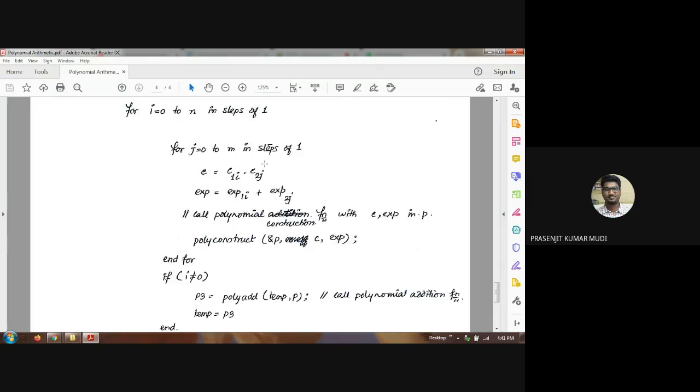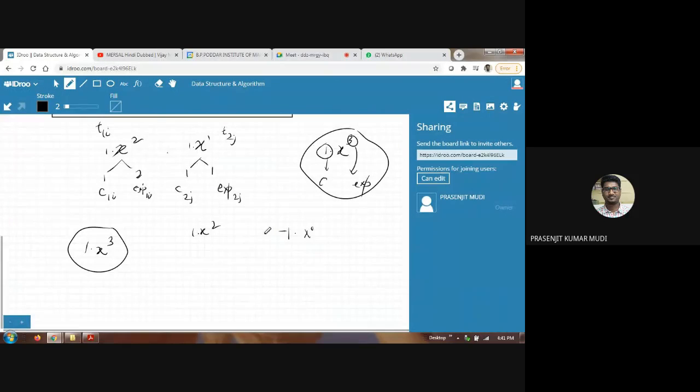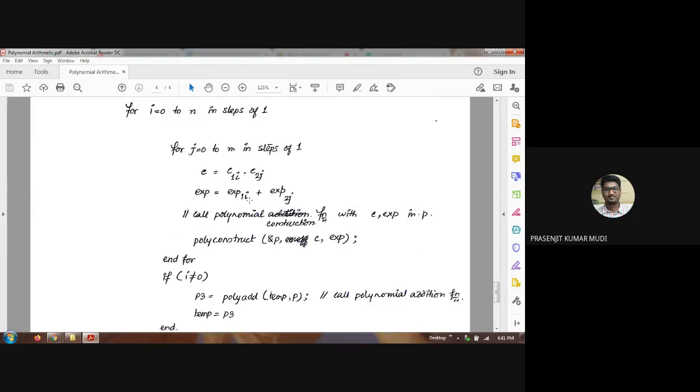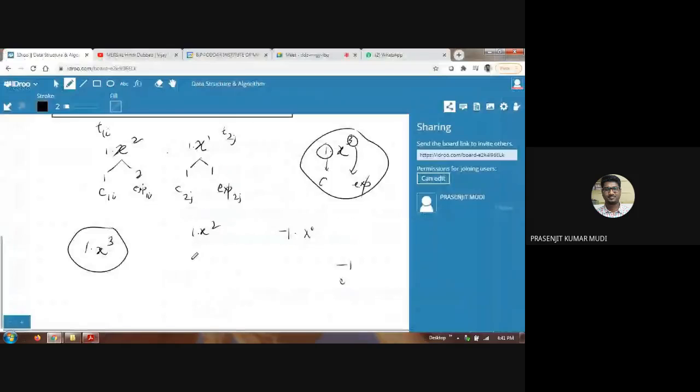C1i will be multiplied with C2j. The coefficients will be multiplied. So 1 into minus 1, how much? Minus 1. That is your C. Next, exp1i plus exp2j. The exponents will be added. 2 plus 0, that is 2. So this is your exp.